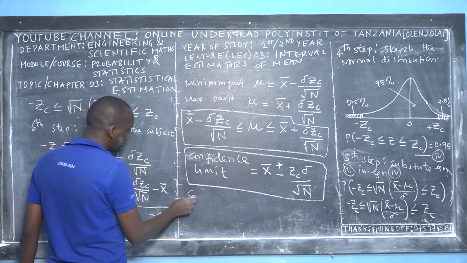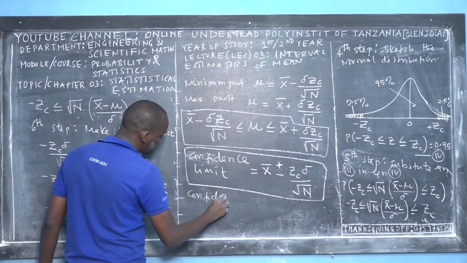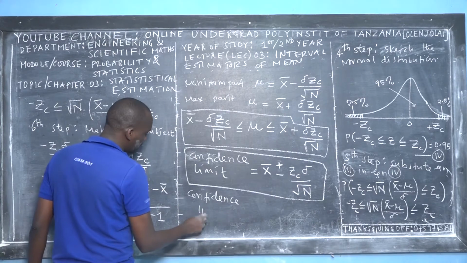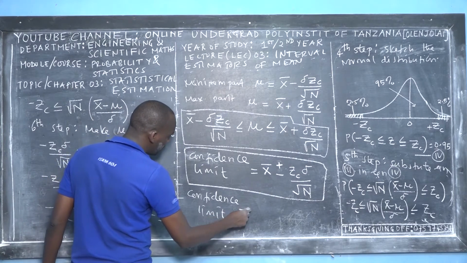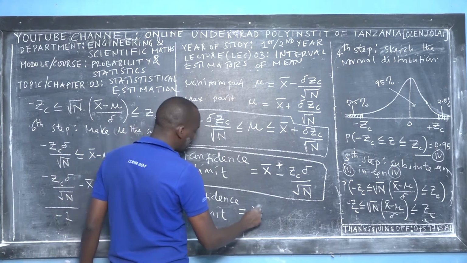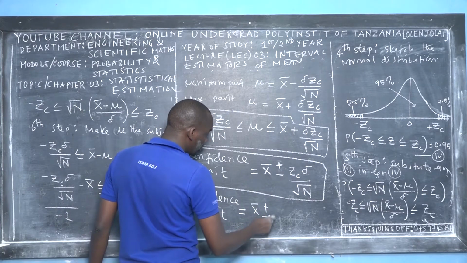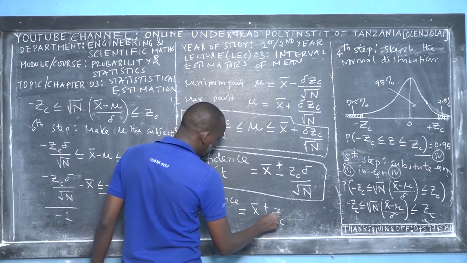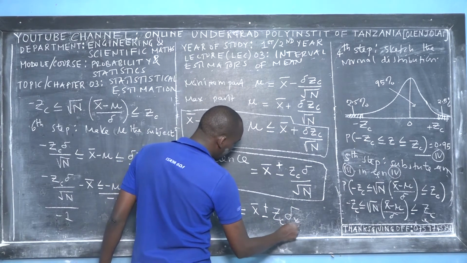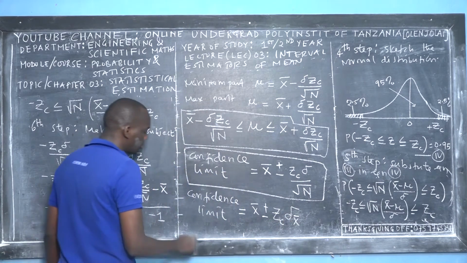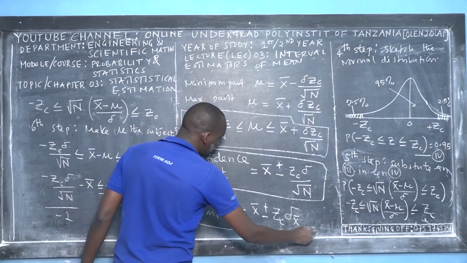But also, the confidence limit generally, this general formula, will be equal to the sample mean plus or minus the standardized value times the standard deviation of the sampling distribution of means.